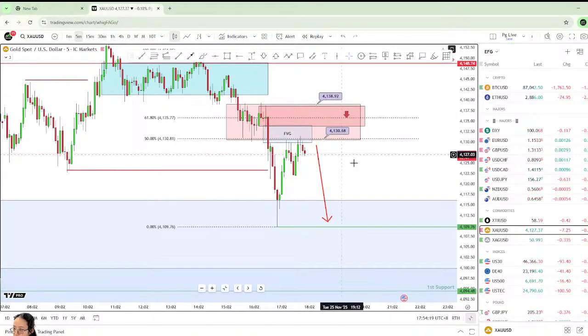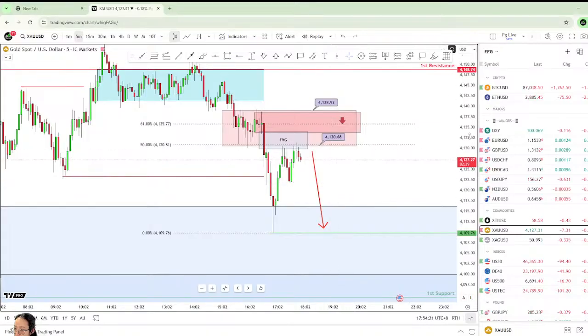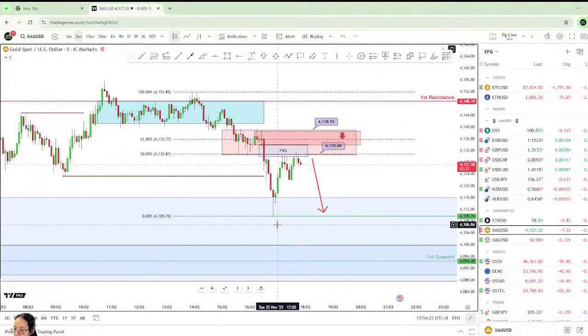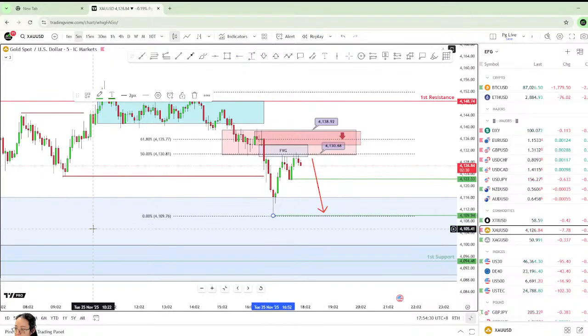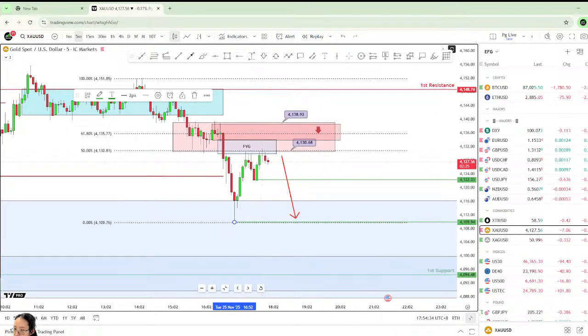This is our sell zone, price has triggered. If you sell, manage your risk, and you can aim for TP1 maybe here, TP2 here at the swing low support level.